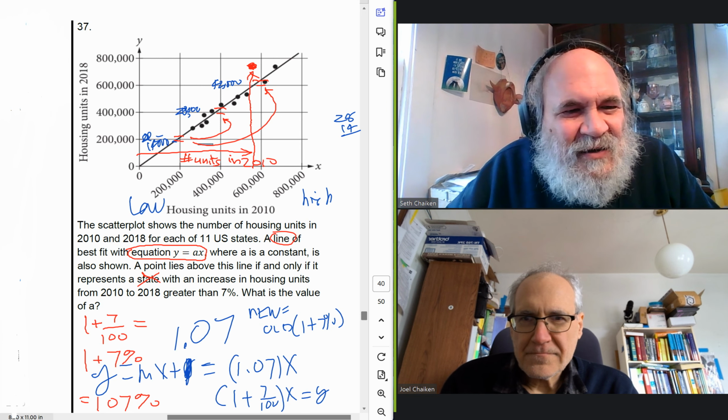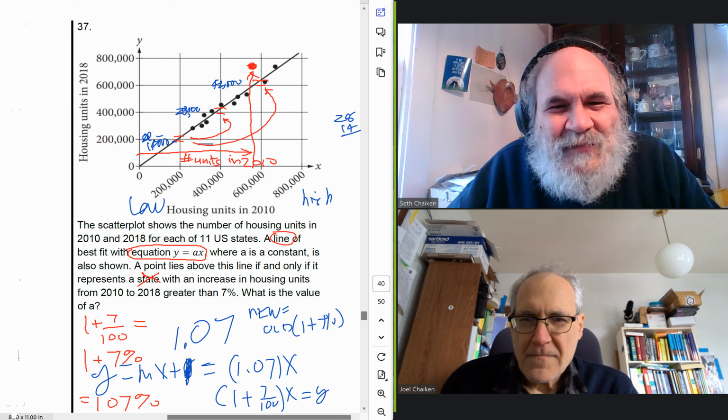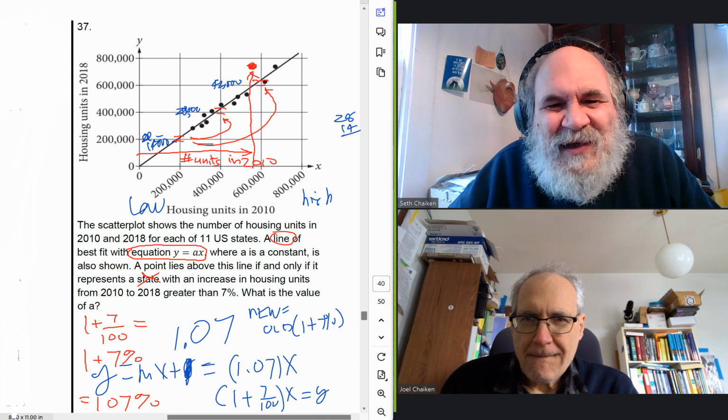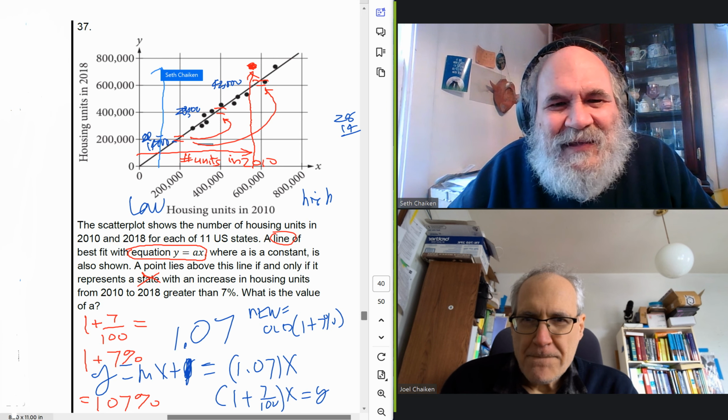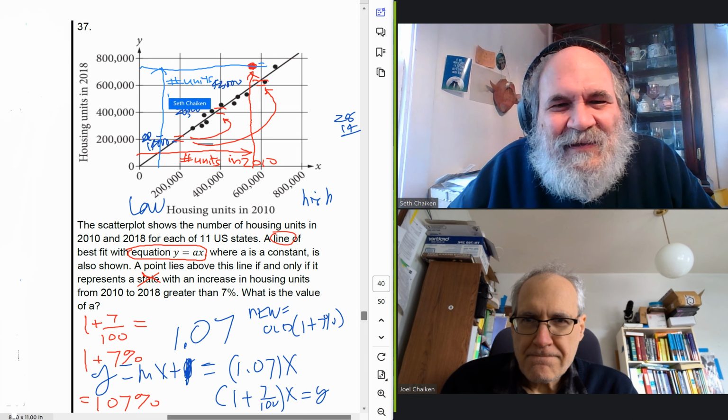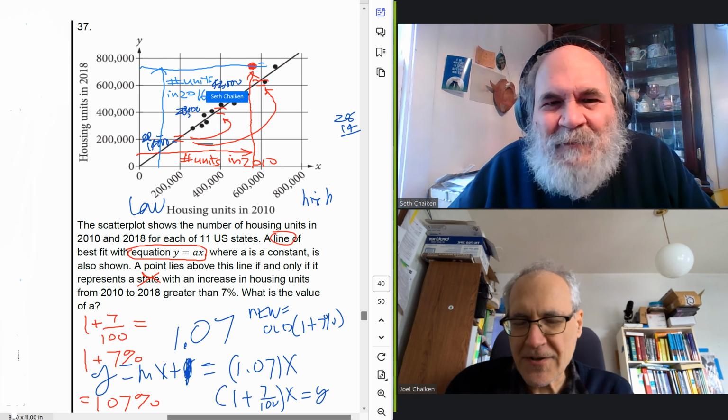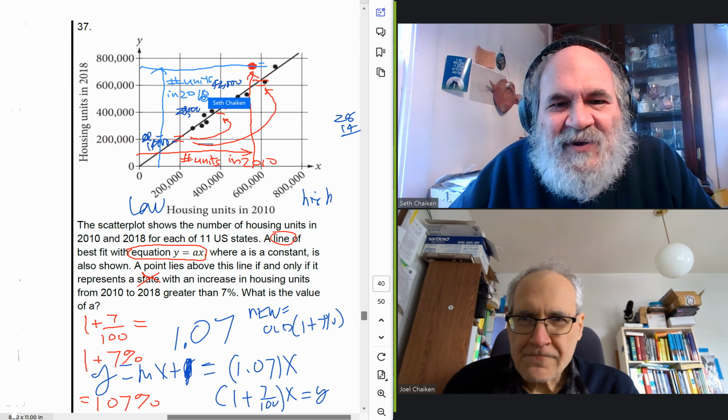This is the number of units in 2010. This is the number of units in 2018.